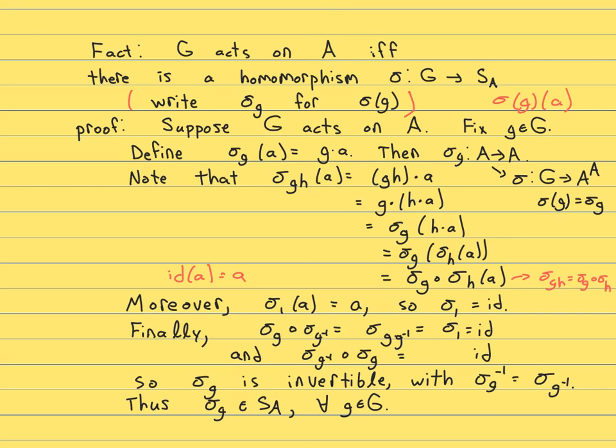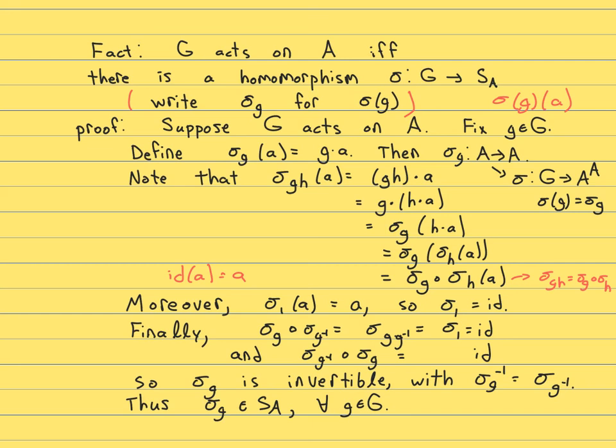And so what we've managed to show is that for every G, this function is a permutation. Any two of them satisfy this identity. And so we actually have a group homomorphism from G to the symmetric group. This gives you a bit of an idea for the level of sophistication you will sometimes find with proofs.